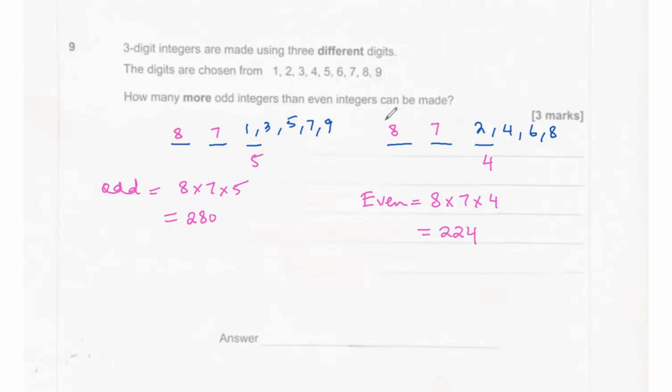It says how many more odd integers can be made as compared to the even ones. So we do 280 minus 224. That is going to give us 56. So we can make 56 more odd integers compared to the even ones.